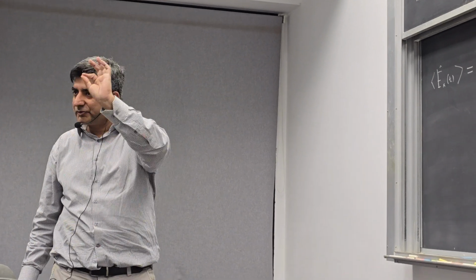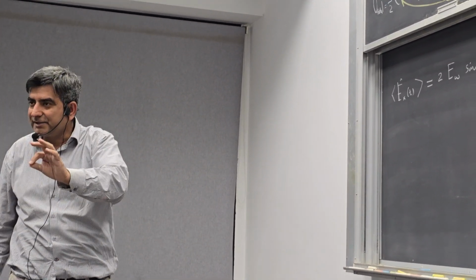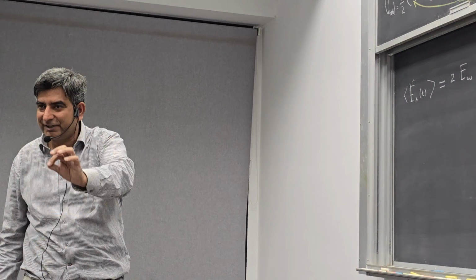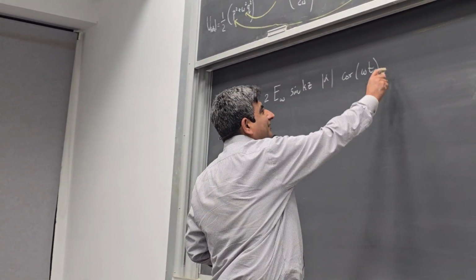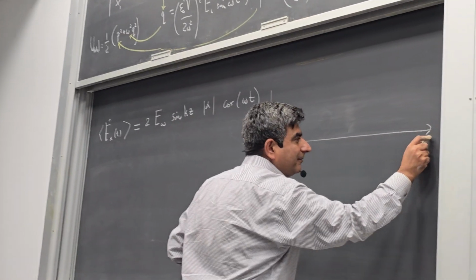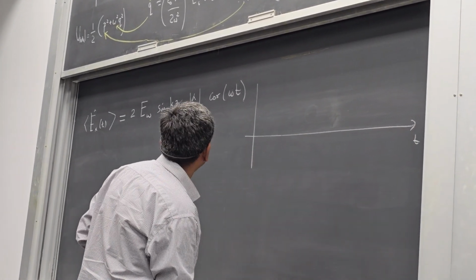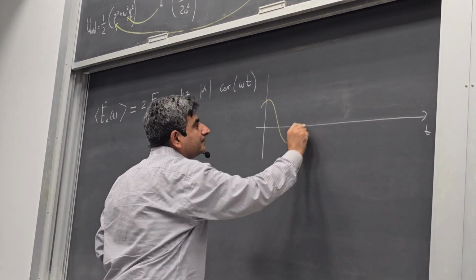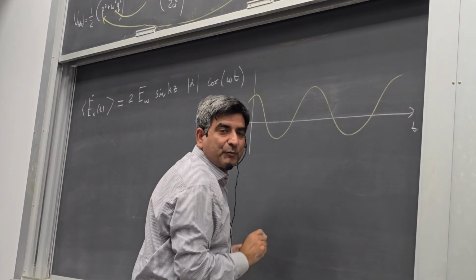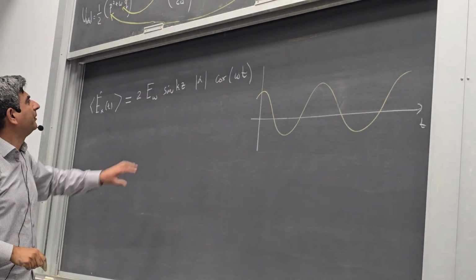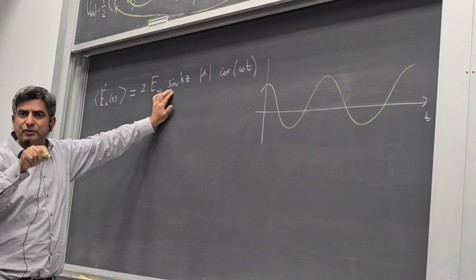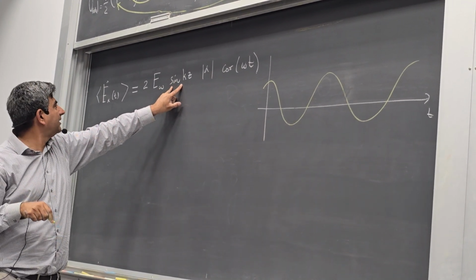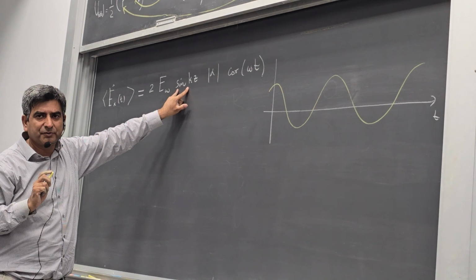This is a classical oscillator. A coherent state is a classical oscillator. A pure laser whose electric field varies with time with a frequency omega with of course some amplitude, and if I want to average over the length of the cavity then I can do that as well if I wish to do so.